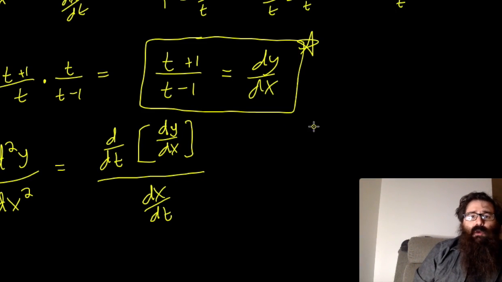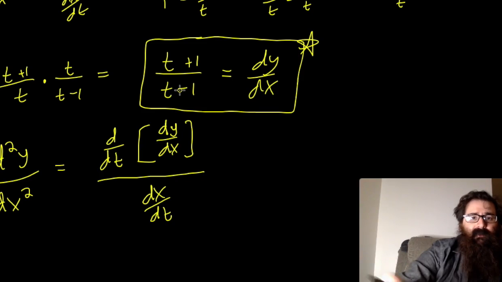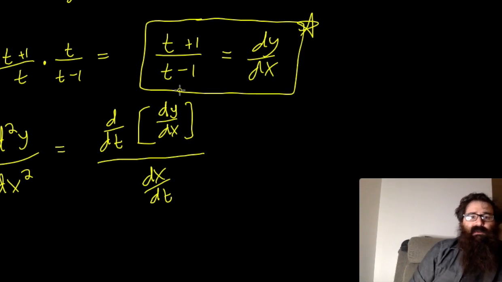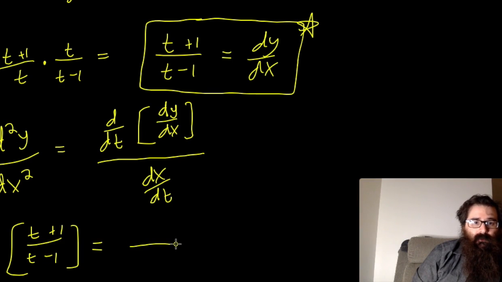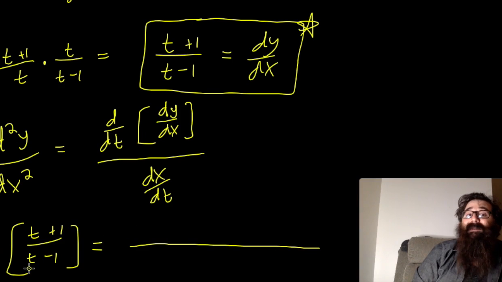So okay, let's start with the piece that sort of makes sense to us, which would be differentiating this expression that we have for dy/dx. I want the derivative with respect to t of (t plus 1)/(t minus 1). And I'm just going to use quotient rule. I want to rewrite the denominator up in the numerator of my derivative.